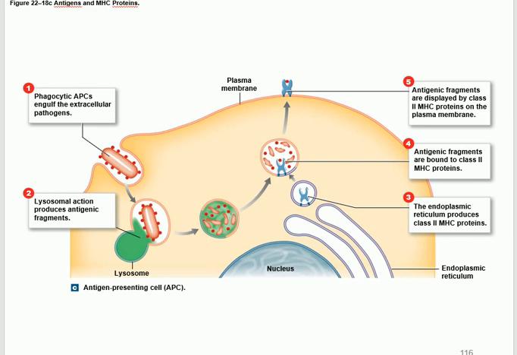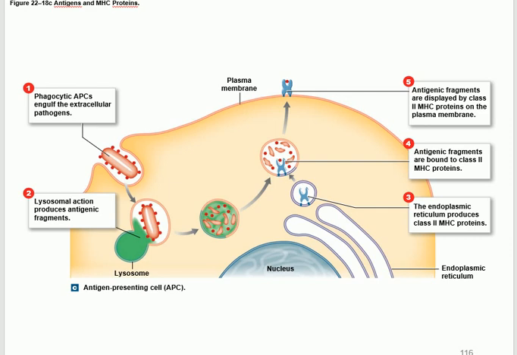So, we already talked about the APCs and how they send cytokines, a process we call chemotaxis, if you still remember, which is a chemical attraction.